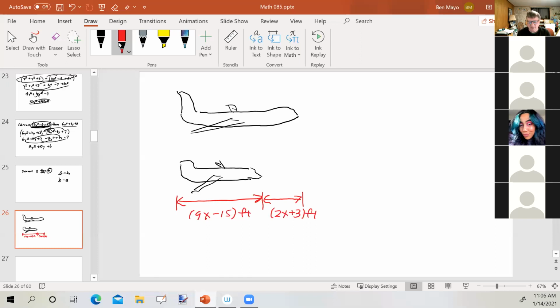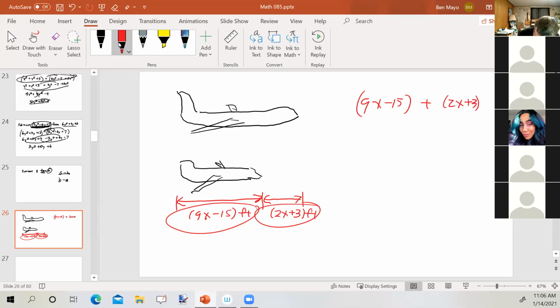You add. Yeah, you add what? This length plus this length. So you're going to have 9x minus 15 plus 2x plus 3, which is 11x minus 12 feet.